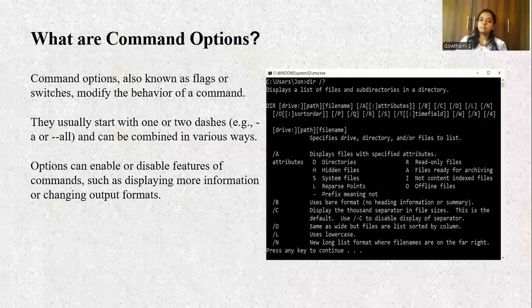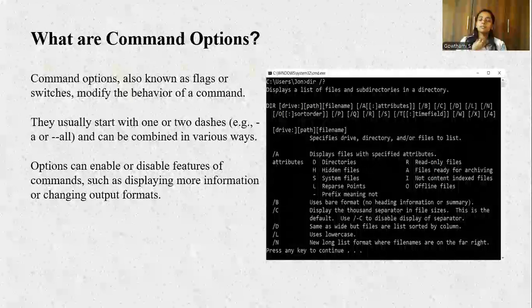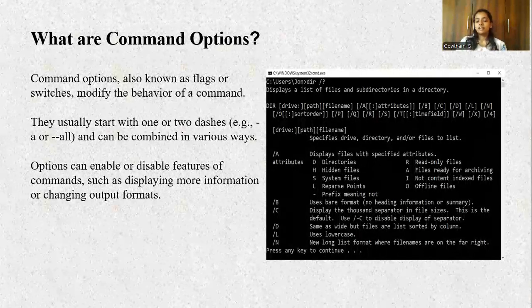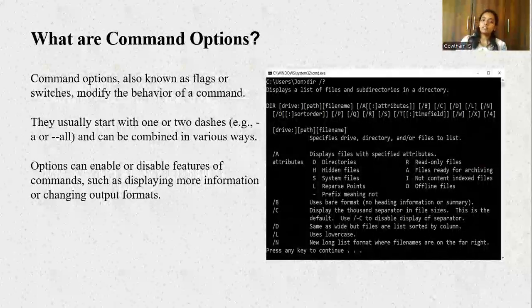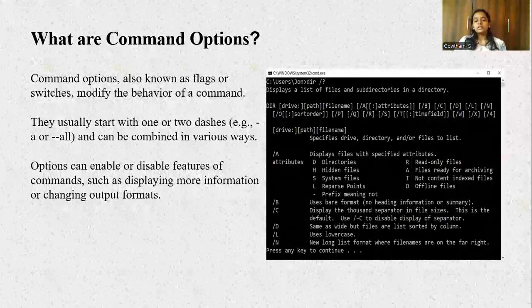These are nothing but the options which will be specified after the command. So you're basically helping it to choose a particular path. For example, in the hidden files, when you want to search something in the hidden files and only edit those parts, you'll be using the H option followed by the command. So it is all helping us to increase efficiency and minimize the workload of inputting the commands.